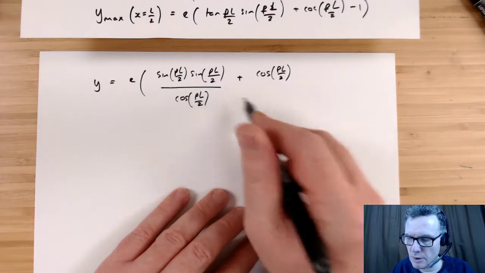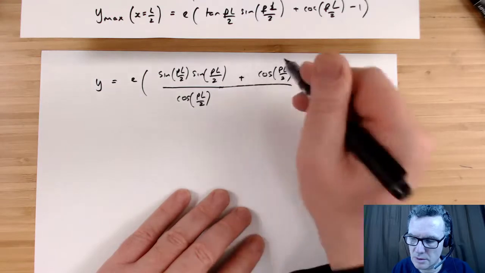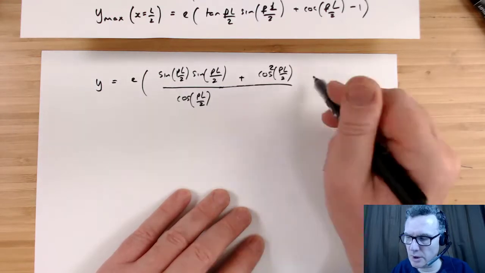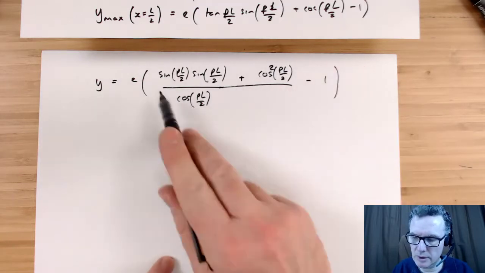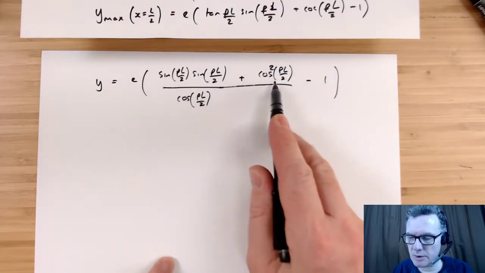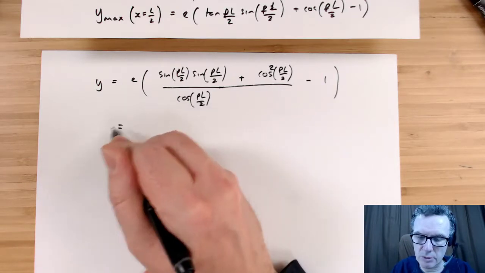Right, so let's promote the cos so we've got a common denominator. So make that a square. Take away 1. So we've got sine squared plus cos squared all over 1 cos.